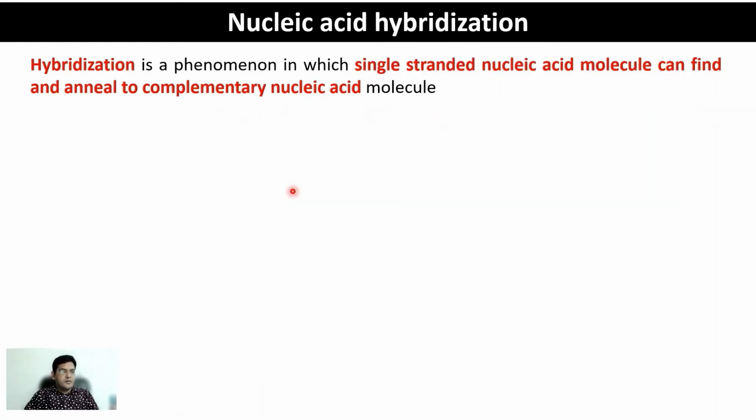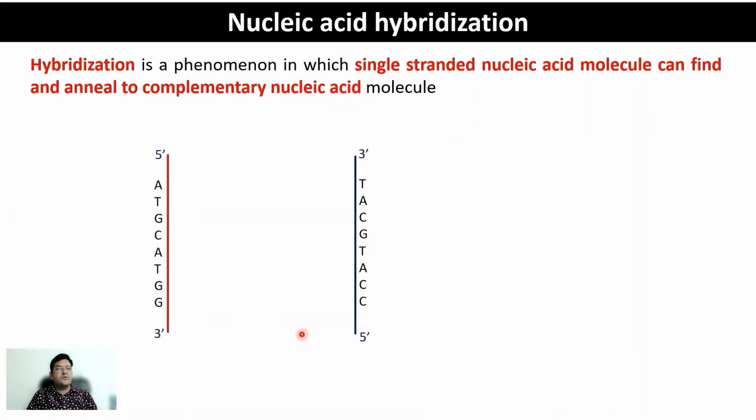So hybridization is a phenomenon based on the double-stranded nature of DNA and the complementary nature of the two strands, right? So hybridization is a phenomenon in which a single-stranded nucleic acid molecule can find its complementary nucleic acid molecule in the presence of a large number of other non-complementary molecules.